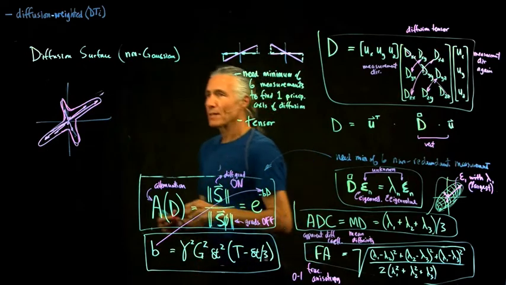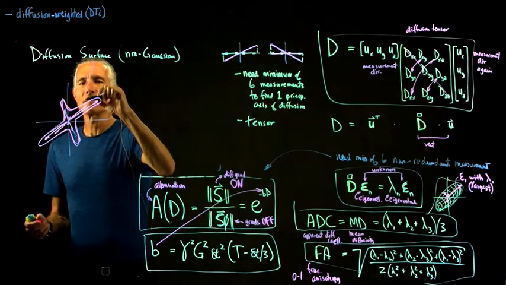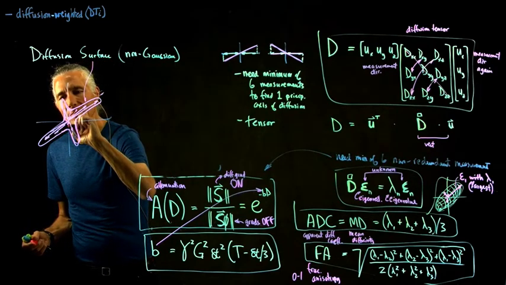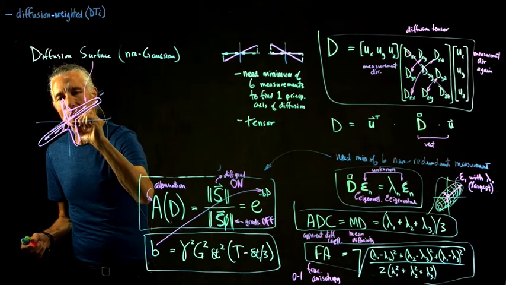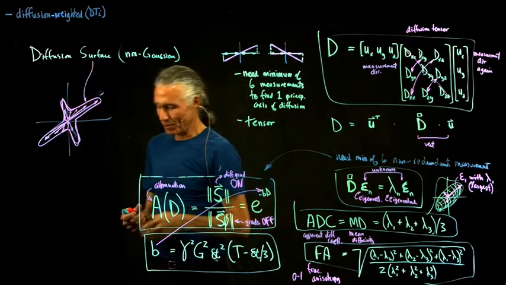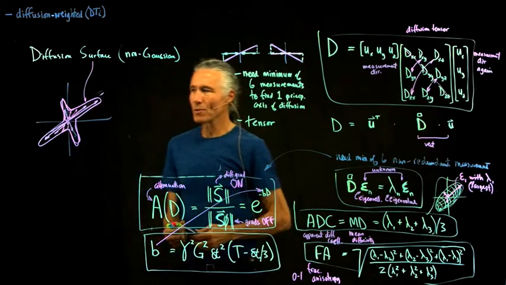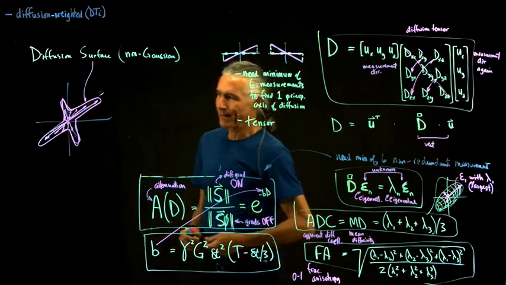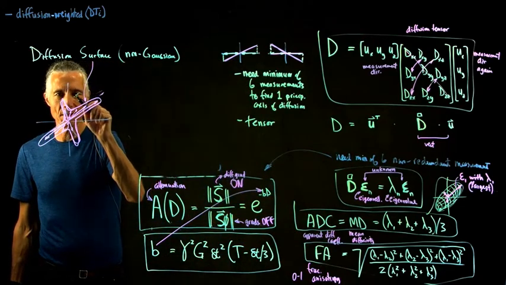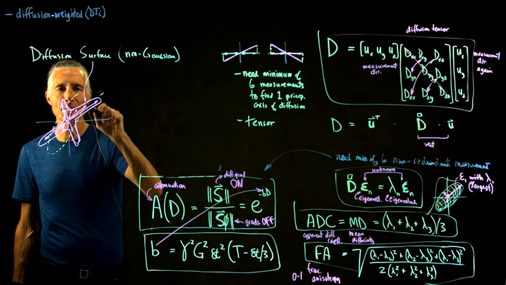So that's a diffusion surface, where we made a whole bunch of measurements by measuring in all different directions, because we know that we actually have non-Gaussian diffusion. So what happens if we try to fit a pill to that? Well, we're going to mess up. We'll get a pill that looks like this, somewhere in between.